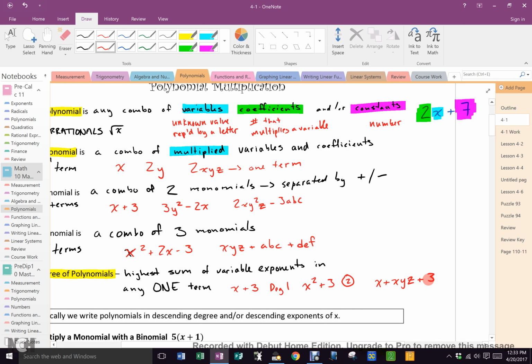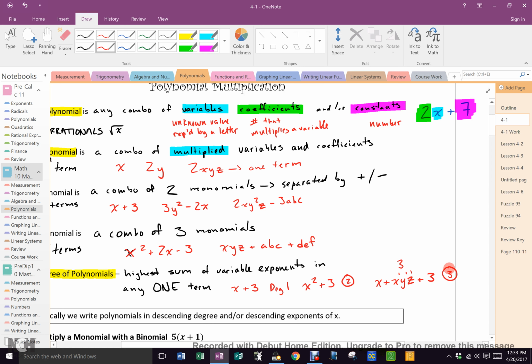The sum is added up. So what degree is this? That is a third degree polynomial. No, because that guy's only got 1. It's the highest sum in any one term. So because this guy is a 3, from 1, 1, 1, this whole polynomial is a degree 3.